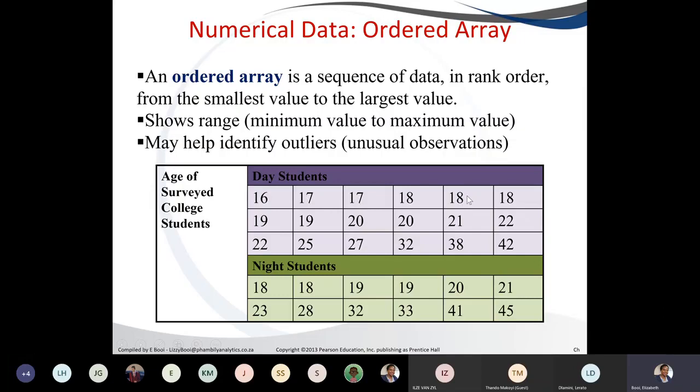But it might be very difficult to identify those, because if, for example, we have a 5-year-old in day school, it means we have a problem there. There is an outlier. We cannot have somebody who is 5 years old at the college. Or we have somebody who is 96 years old at the college, but these days we do have those, so we need to investigate what that outlier is all about and fix the data if it's a data problem.